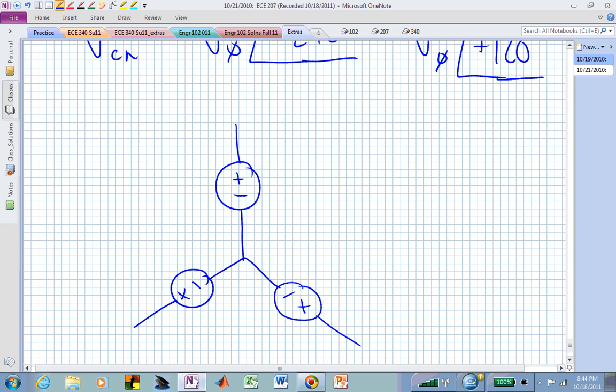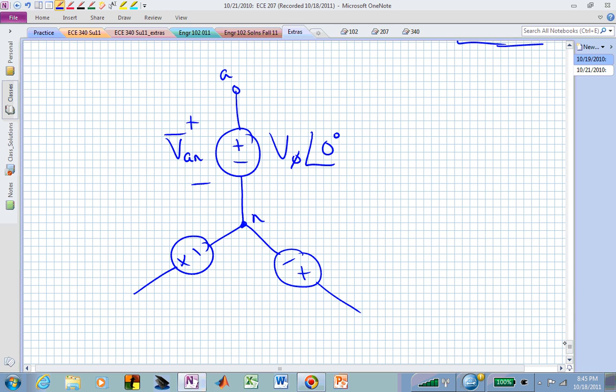Let's say this is now minus plus V sub AN. This is the A phase between A and neutral. And this now is V sub phi at an angle of 0 degrees. Suppose this is now the B phase, so that this becomes minus V sub BN plus.